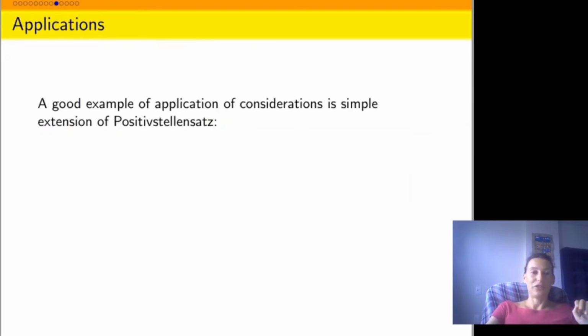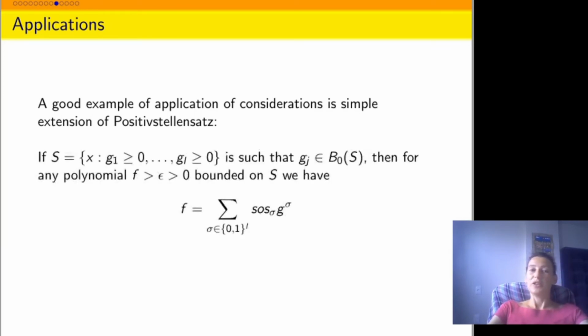Okay, applications. Because I said at the beginning that I wanted to do some applications of these theorems, so I'm going to state how the simplest application works. It's a simple extension of a Positivstellensatz. So if we have a set S given by inequalities, they don't need to be quasi-homogeneous.